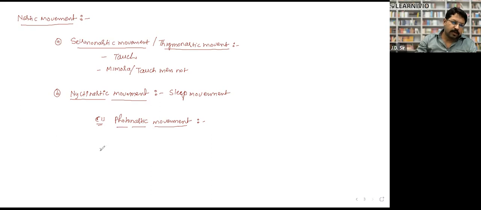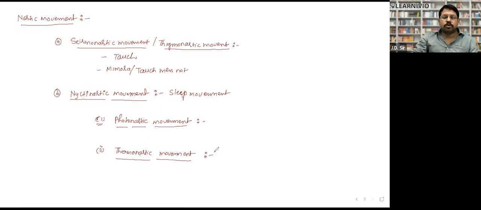The second one, nictinastic movement, is called thermonastic movement. Thermo means heat. When light comes or day comes, the temperature becomes higher.